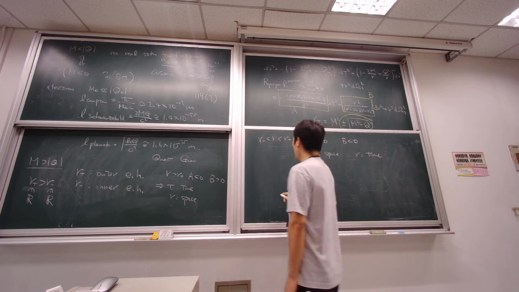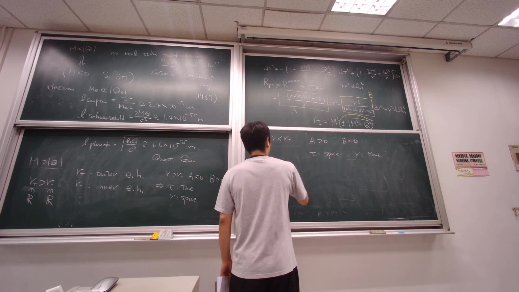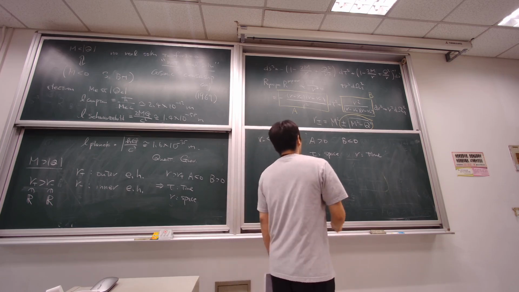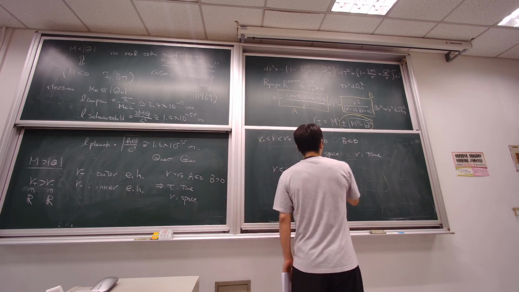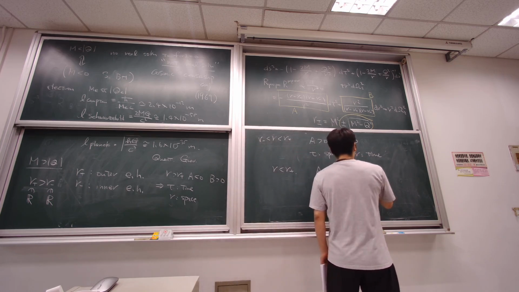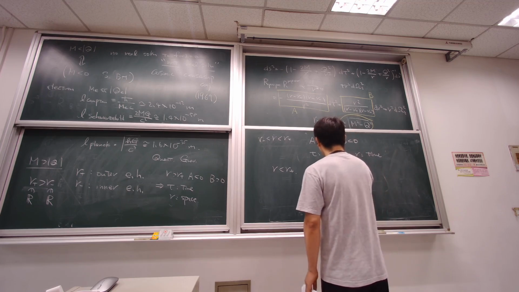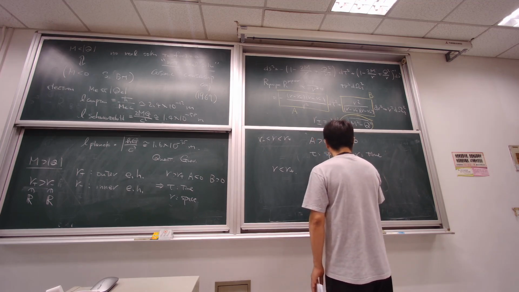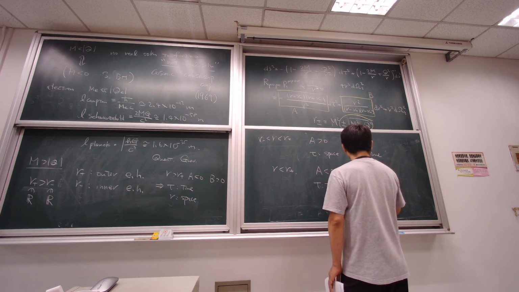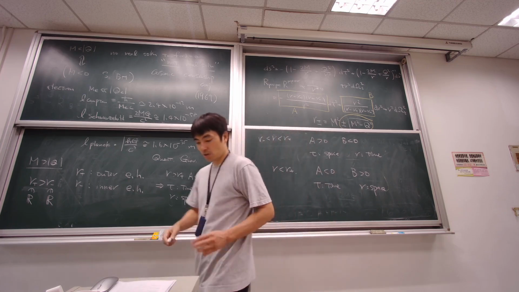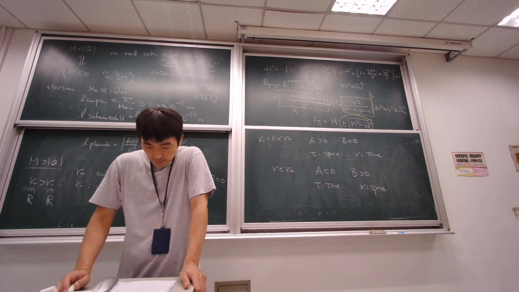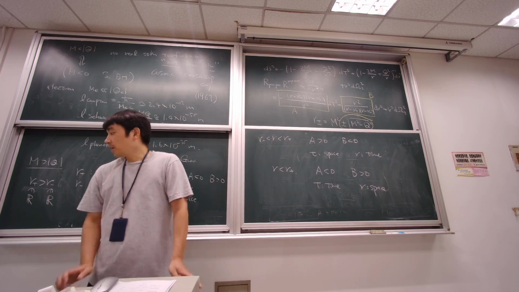Okay. How about this one? So A again becomes negative and B becomes positive. So therefore, t is the time coordinate and r is the space coordinate. So those are the structures we encounter.